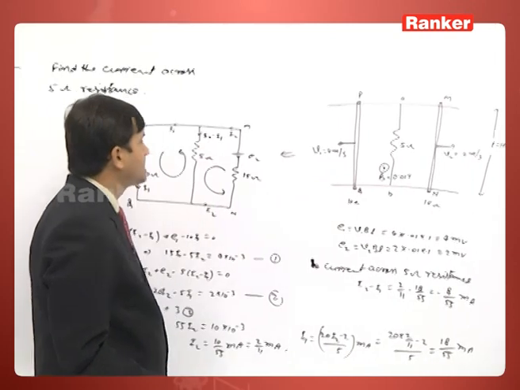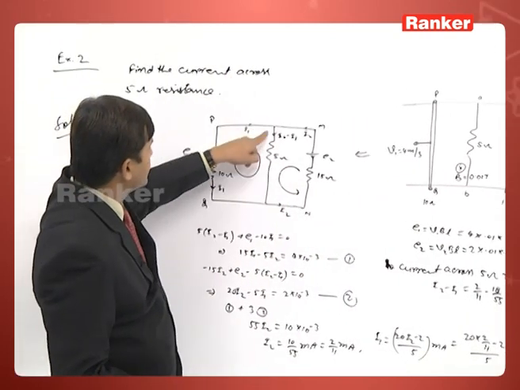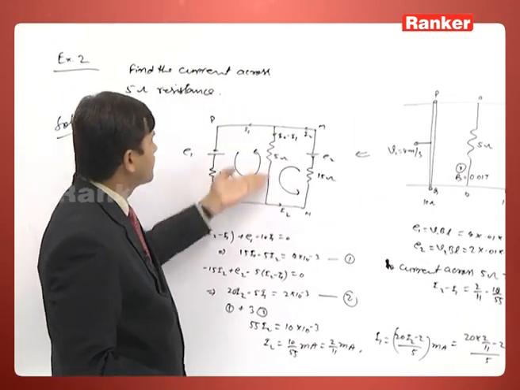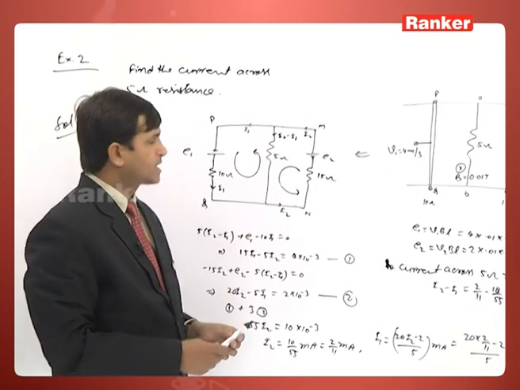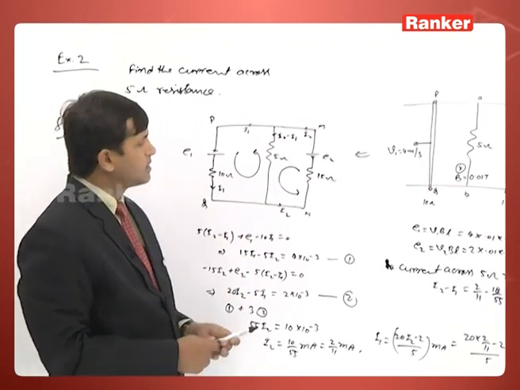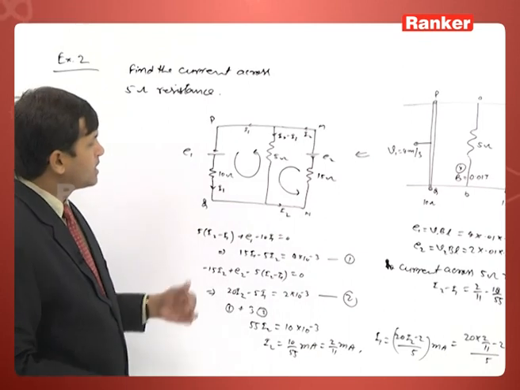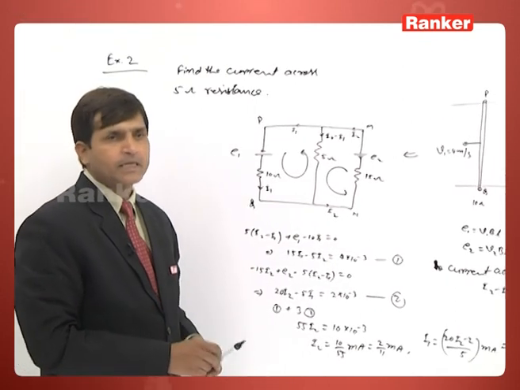The minus sign indicates that the current is flowing in the other direction; the current will flow in the upward direction. So this is one example based on the mechanism of current.